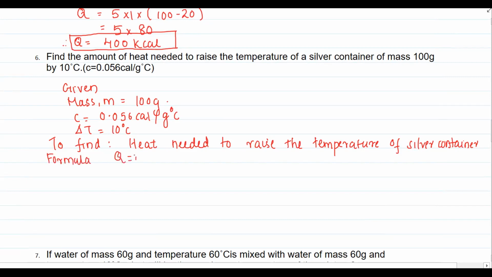Formula is Q is equal to mc delta T. That is the solution. We'll substitute the values. Solution is Q is equal to M is 100 into C is 0.056 into delta T is 10. That is Q is equal to 100 into 10, 1000 into 0.056 is 56. 56 calorie.